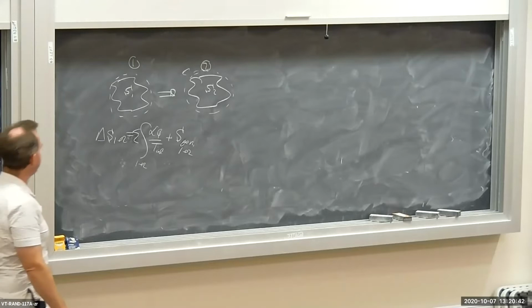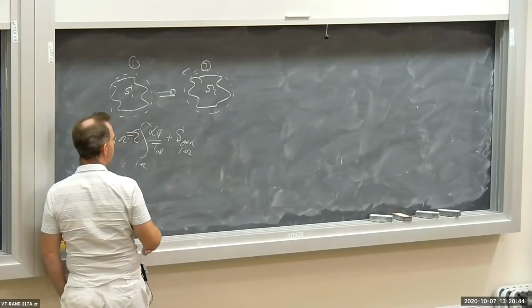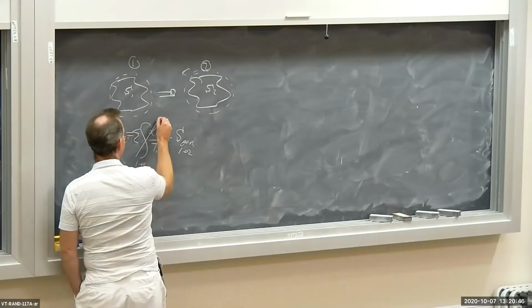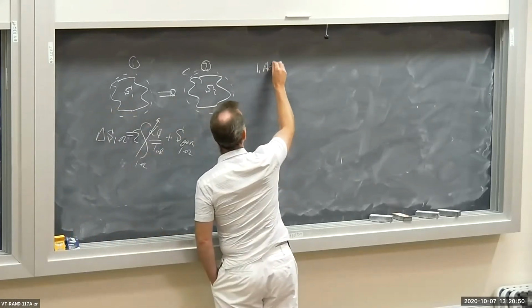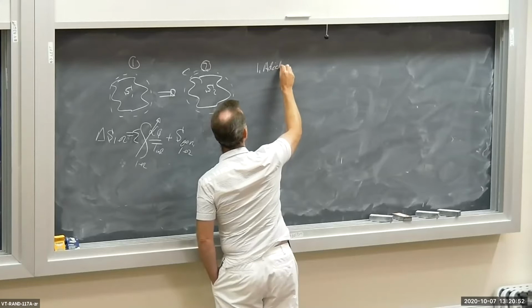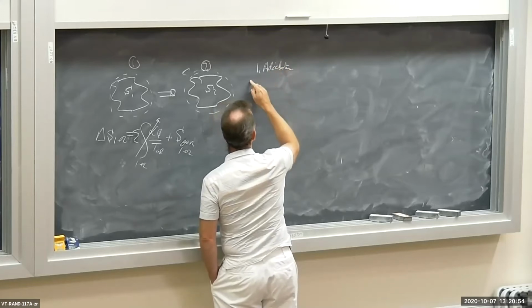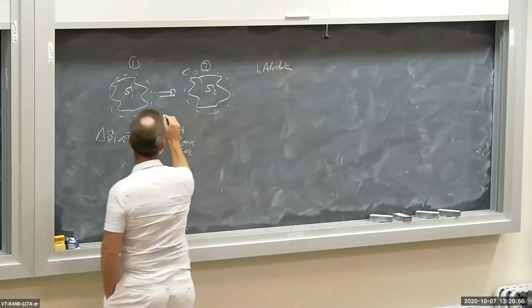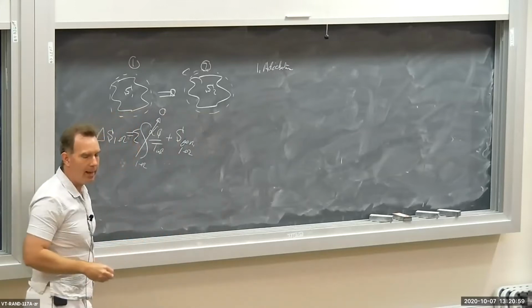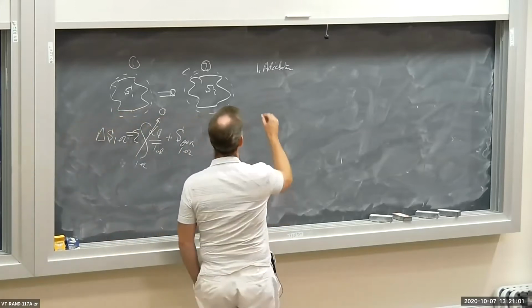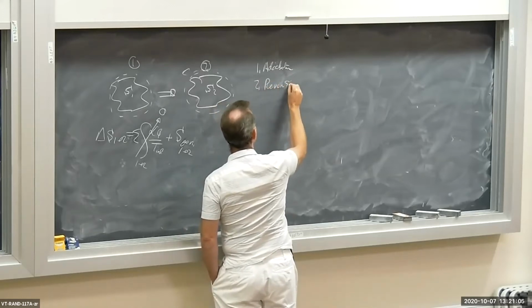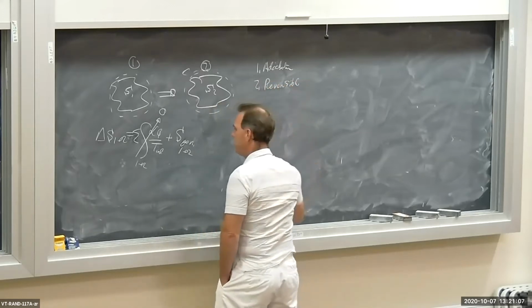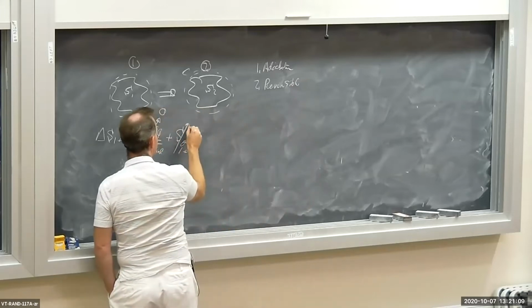Now, if this particular process involves no heat transfer, so let's say it's adiabatic, that means the heat transfer term goes to 0. And if it is reversible, then S gen is equal to 0.